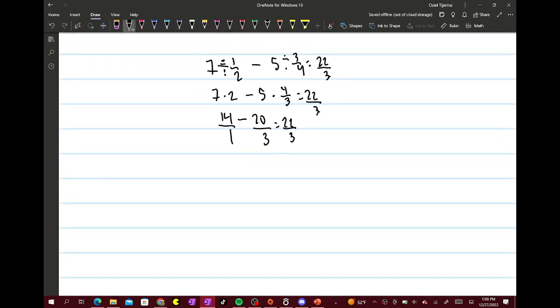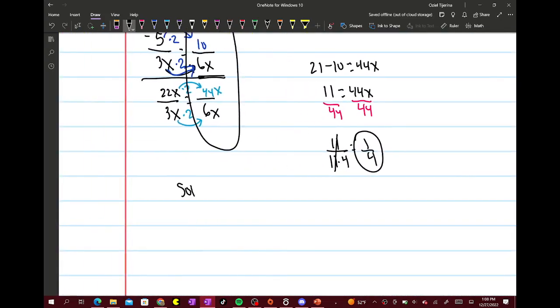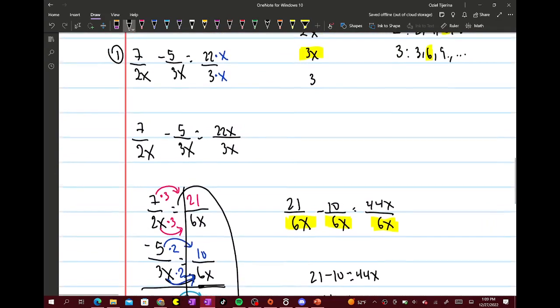You subtract these fractions, so it would be 42 minus 20 over 3 equals 22 over 3. And so you get 22 over 3 is equal to 22 over 3. So this works, right? So your solution is x equals 1/4.